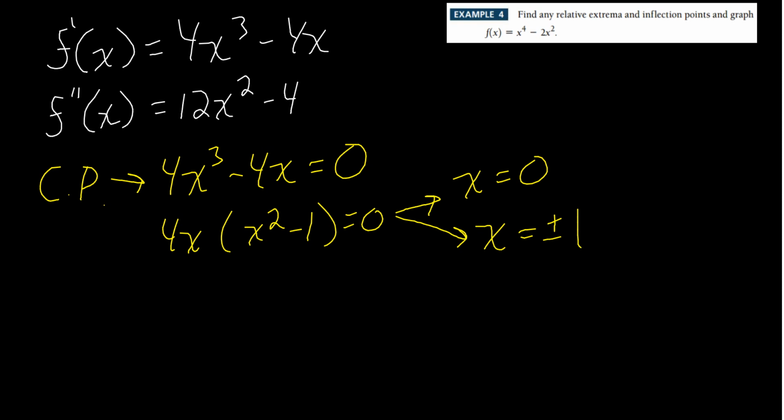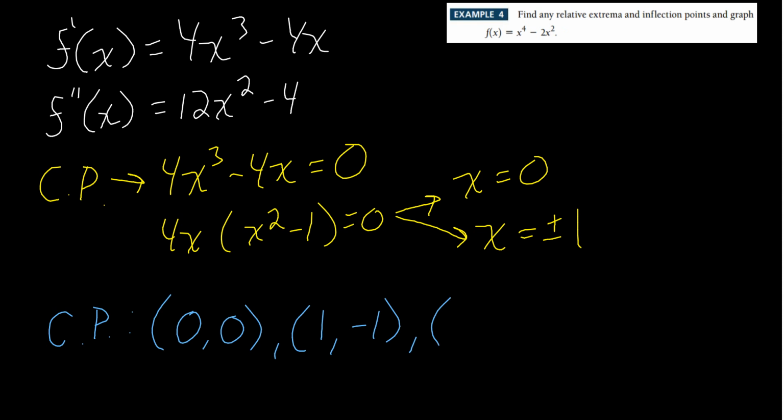Real quickly, let's figure out exactly what those points are, the actual y coordinates. So if I plug in a 0 here, f of 0 is just going to be 0. So one of the critical points is (0, 0). If I plug in a positive 1, that's going to be 1 minus 2, so it's going to be negative 1.